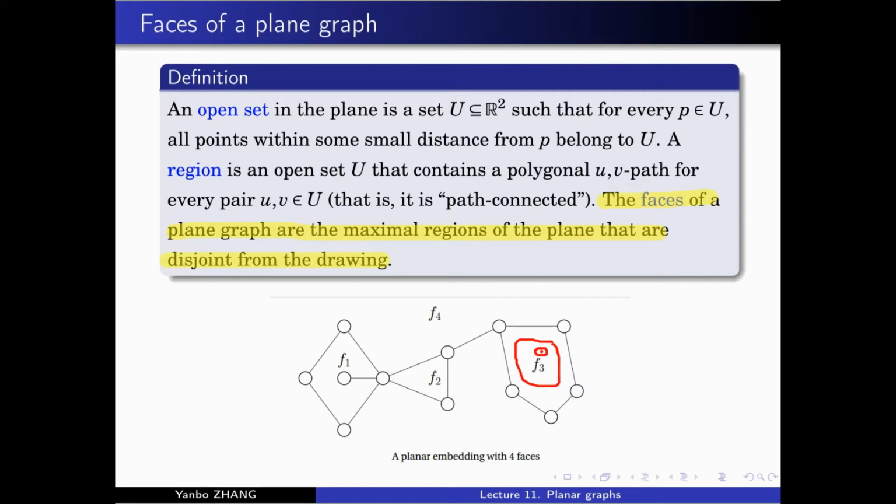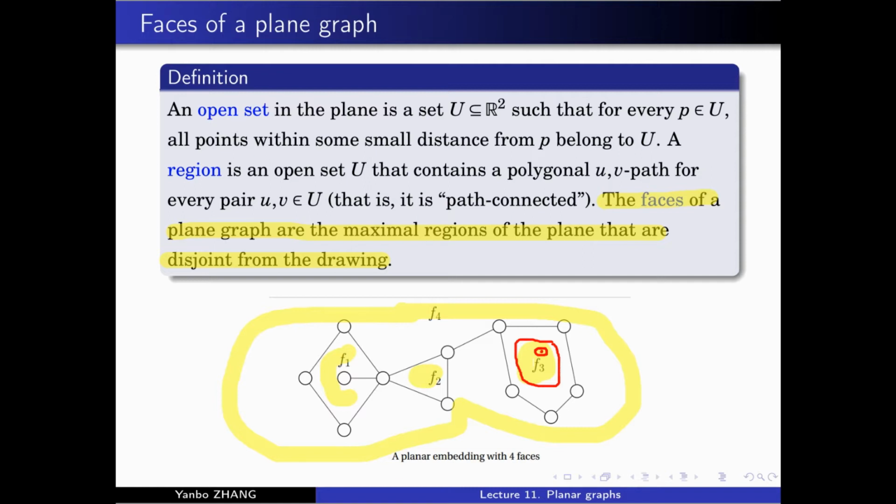So here, in the plane graph below, we have four faces: F1, F2, F3, and F4. Note that F1, F3, F2 are bounded faces, but F4 is an unbounded face.